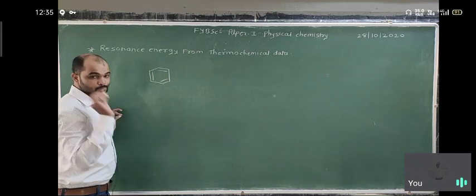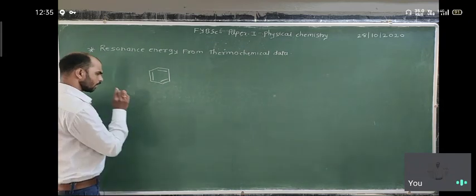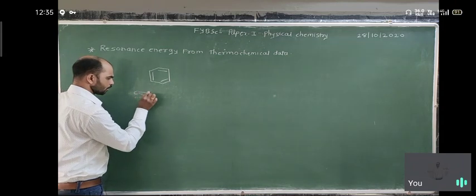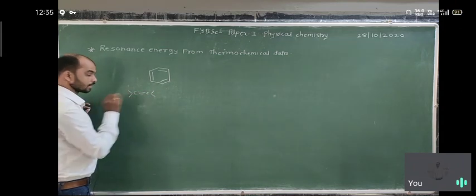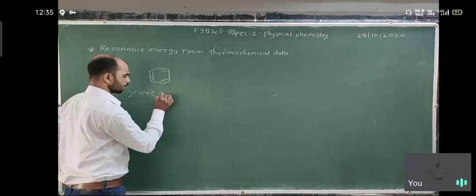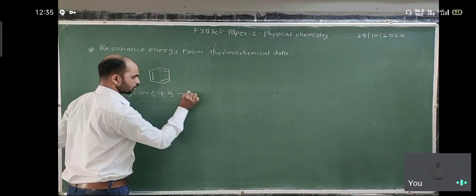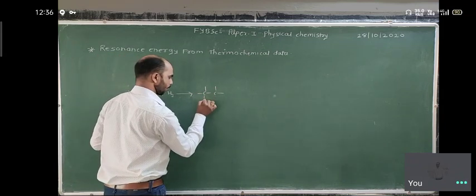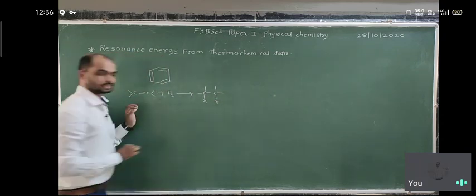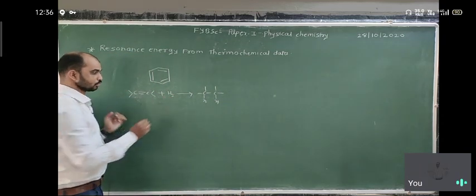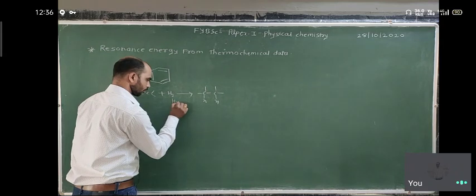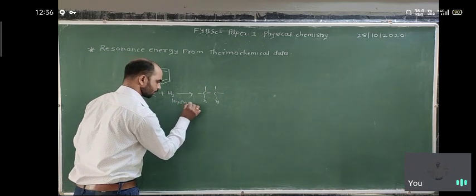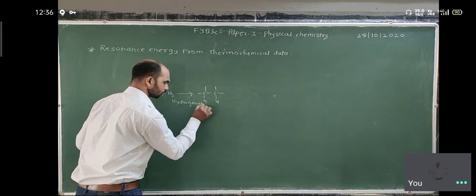Benzene has 3 double bonds, and if any double bond is an isolated double bond, when it undergoes addition of H2, it converts into a single bond. Addition of H2 is called hydrogenation.